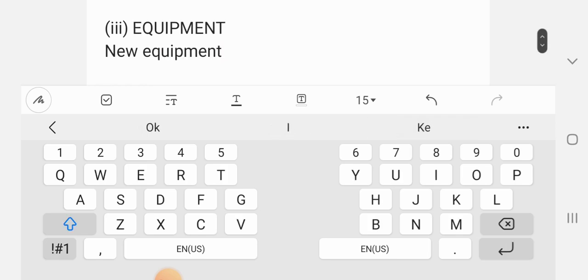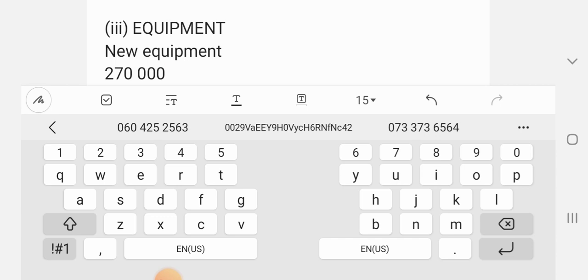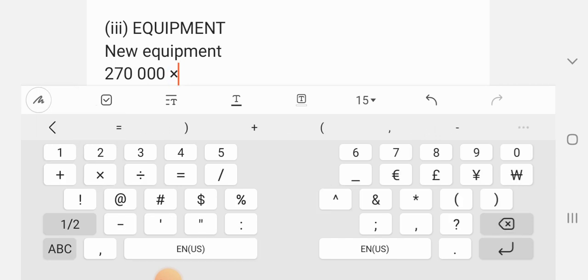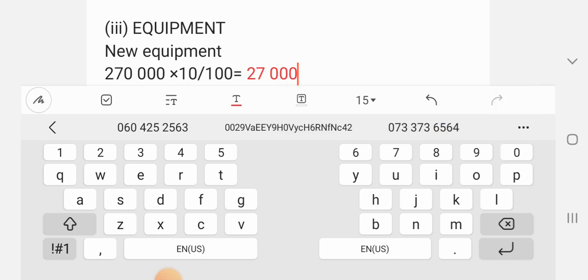The calculation for the new equipment, the value of the new equipment is 270,000 rand. So we're going to multiply that by 10, divide by 100. That is 10%. Is the diminishing balance, but we didn't have any accumulated depreciation, so that will give us 27,000, and then we will multiply.